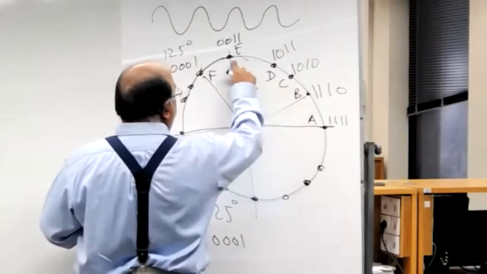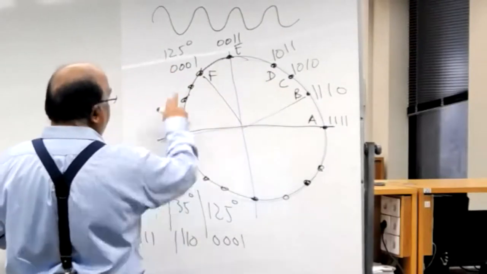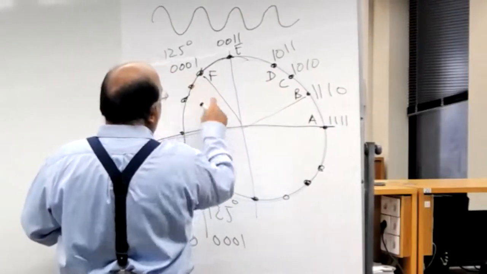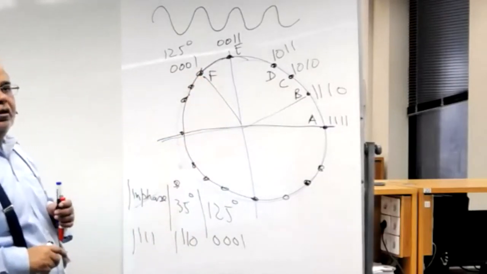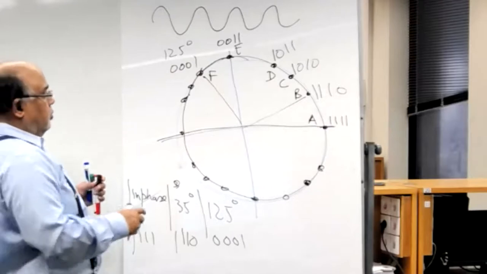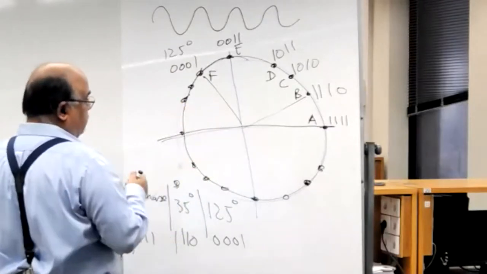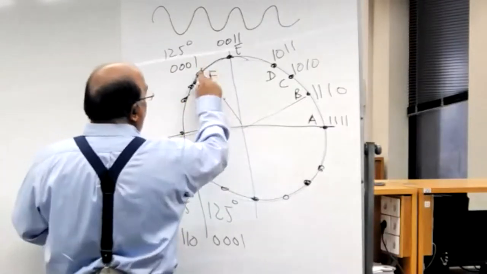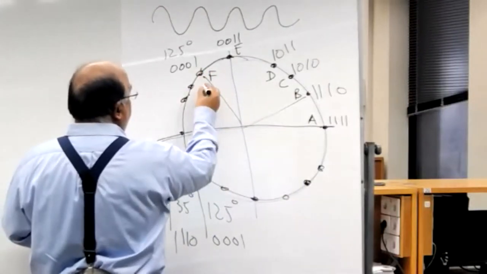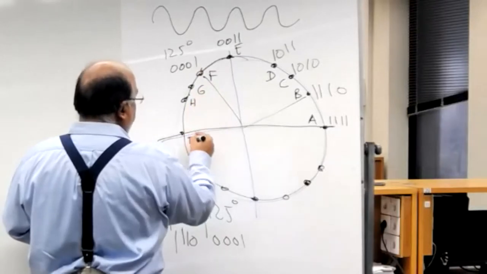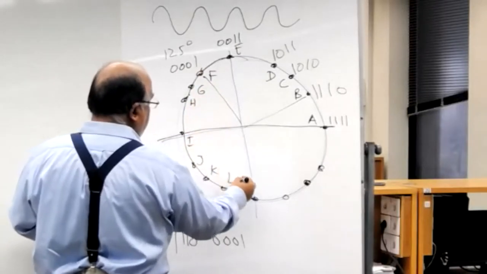Sometimes I send this, sometimes that, by looking at this chart: if I have to send this, then I send the frequency 125 degrees out of phase. So you are actually sending these points, sometimes this symbol, sometimes F, G, H, I, J, K, L, and so on.